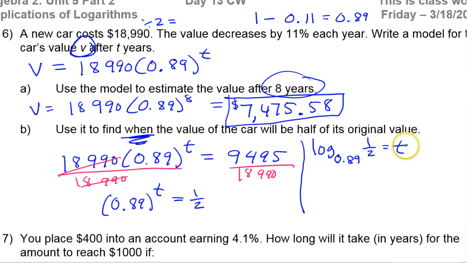And then equals t, all right? Because these two sort of switch sides when you do this. All right, and most of us will have to use a change of base formula to put this in our calculator. So we will have to go log of 1/2 over log of 0.89. Okay, so just put that in your calculator and that'll be it.